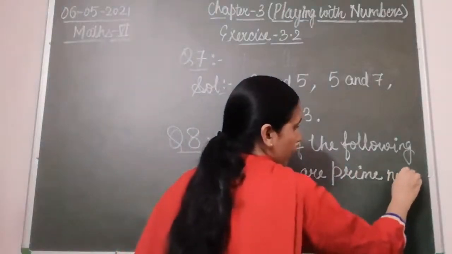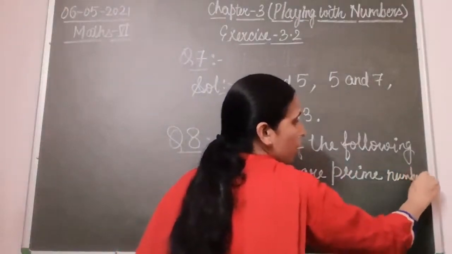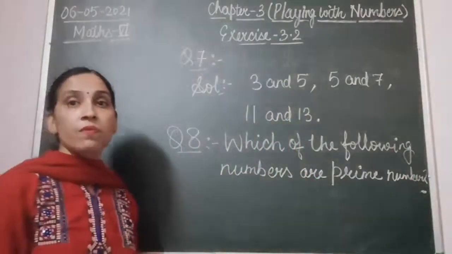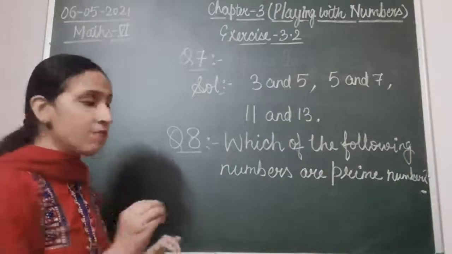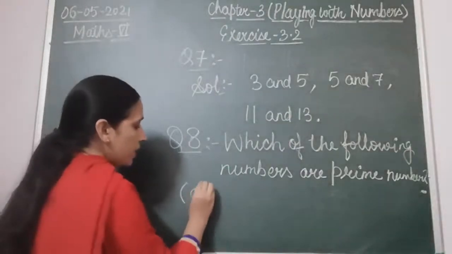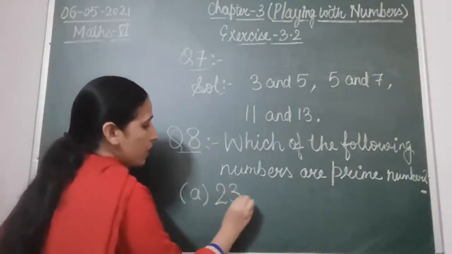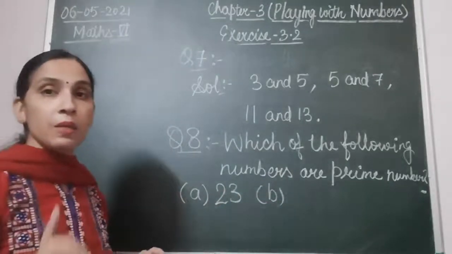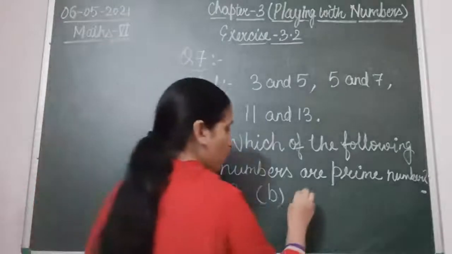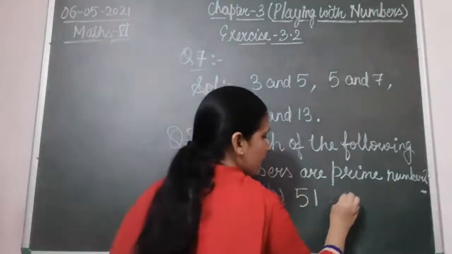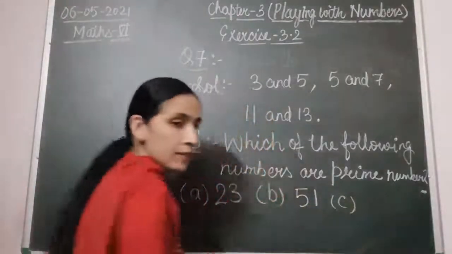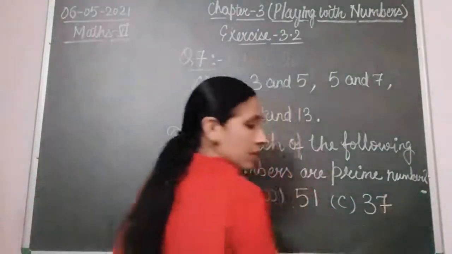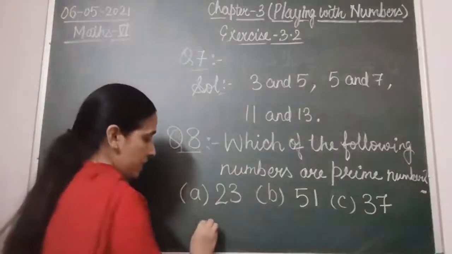Already we have done the definition of prime numbers, and then we have done how to find them. If the given number is divisible by any other number, or that number has more than 2 factors, then that number is not a prime number. So what you are going to do here, C is 37, then D is 26.